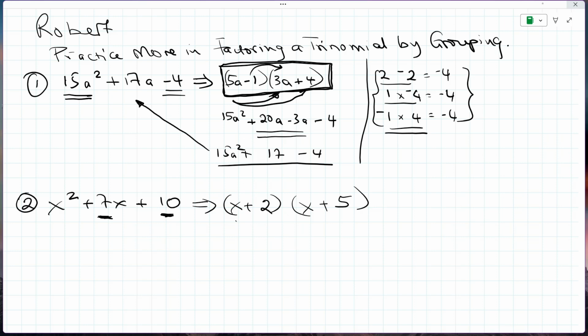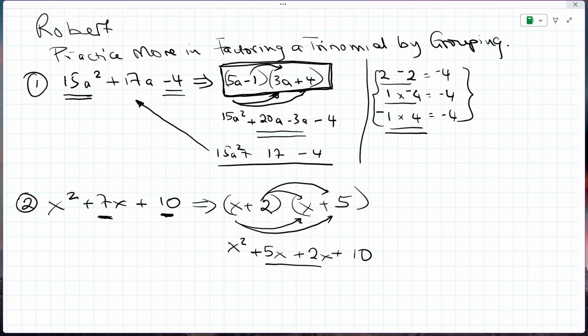And okay, when we distributively multiply this out, we have x squared, and then we have our 5x, and then we have our 2x, and then here we have our 10.